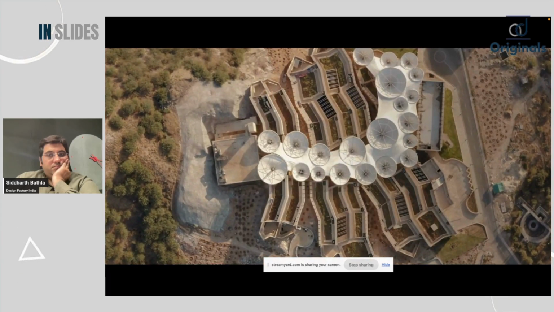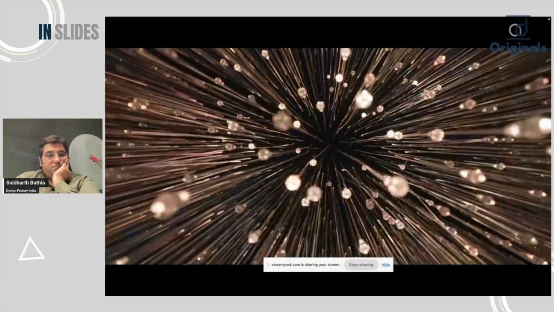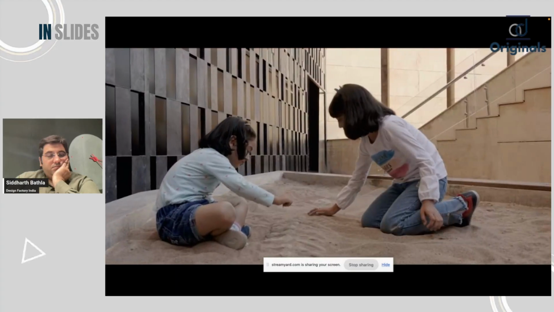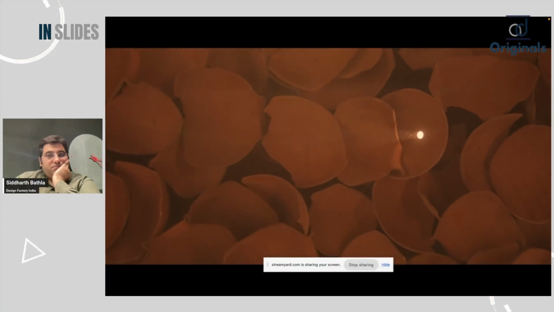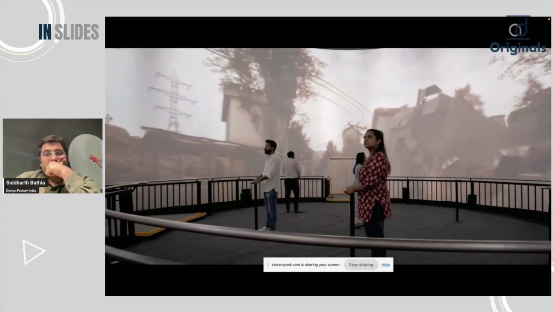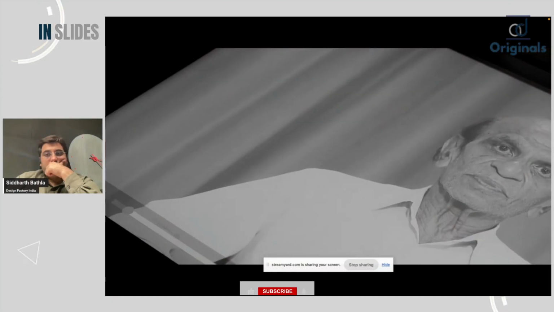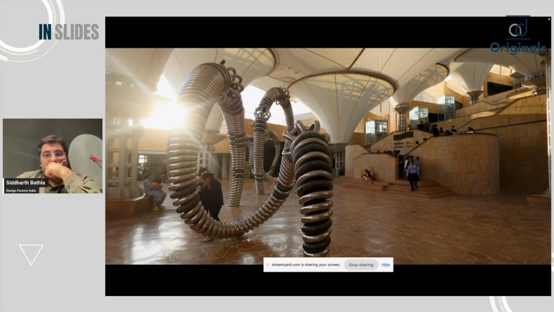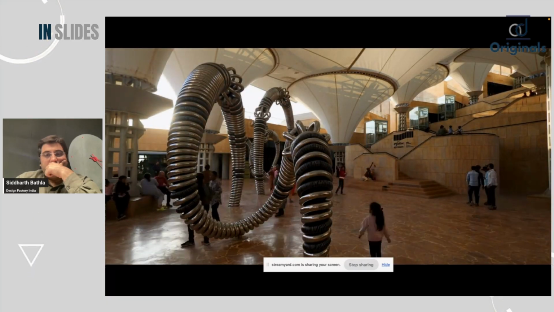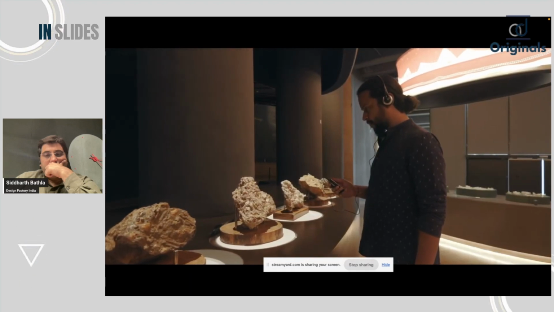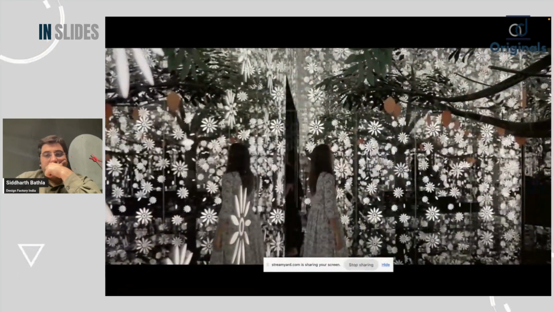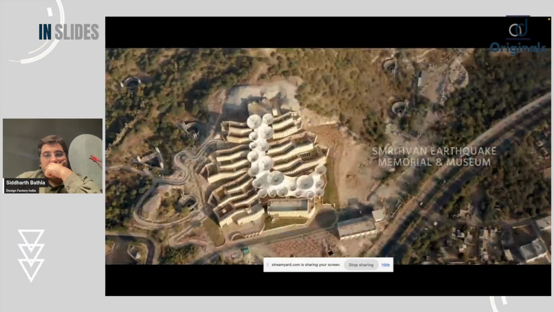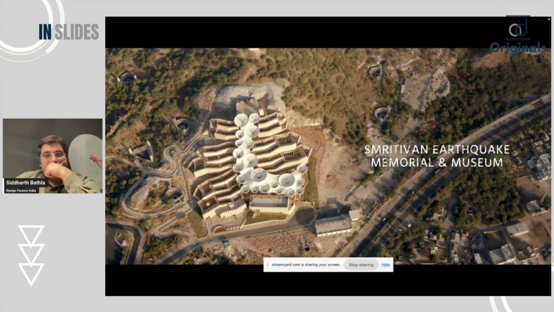Spread across 7 thematic blocks, here you will witness over 100 unique exhibits, moving sculptures, engaging installations, handmade scenography, the largest simulator of India, earthquake scenes, personal stories, and much more. More than 2,000 visitors engage with the museum every day, adding life and light to the forest of memories. Welcome to India's largest memorial and museum. Welcome to Smritivan.